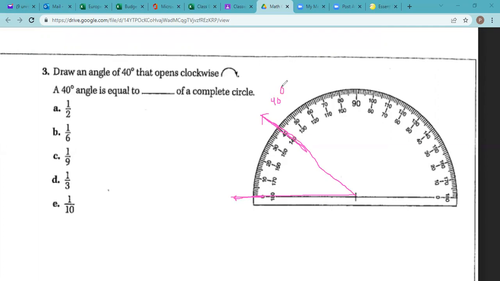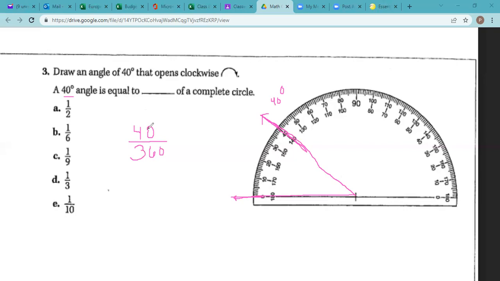Now, we would ask ourselves, a 40-degree angle is equal to what fraction of a complete circle? So a complete circle is 360 degrees. So what you're going to do is place your 40 degrees on top of this fraction. Now, you can do 2, 4, you can do 5, 10 to go into both of these numbers and simplify them.